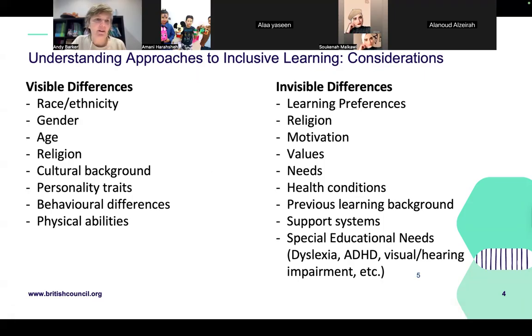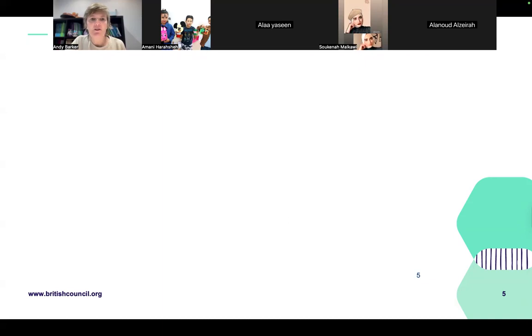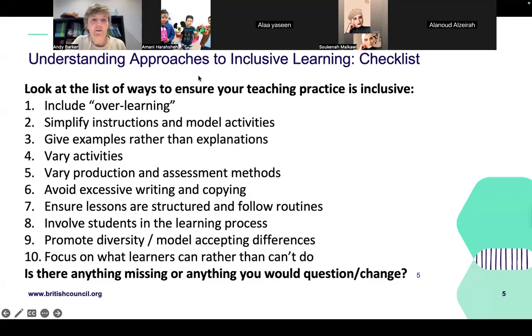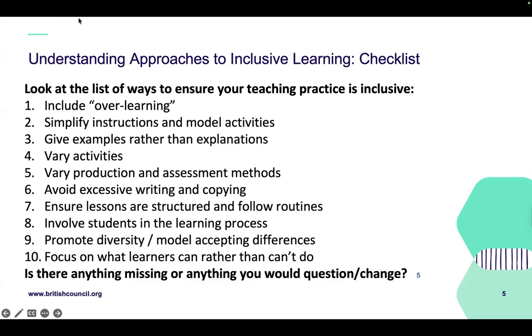Okay, right. I hope that you can hear me though. Can you hear me? Okay, you can hear me, good. Right, let's look at this list. I'm going to give you a checklist of things that you could do or consider when you're in the classroom, and we want to consider everyone for whatever the reason is.